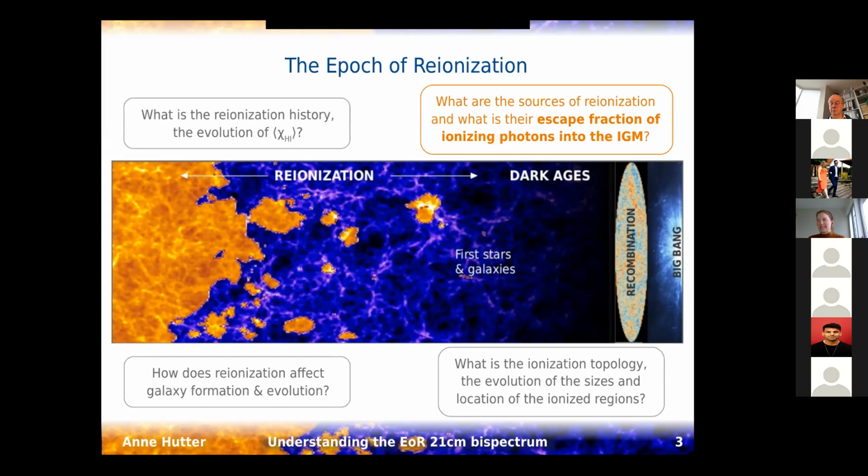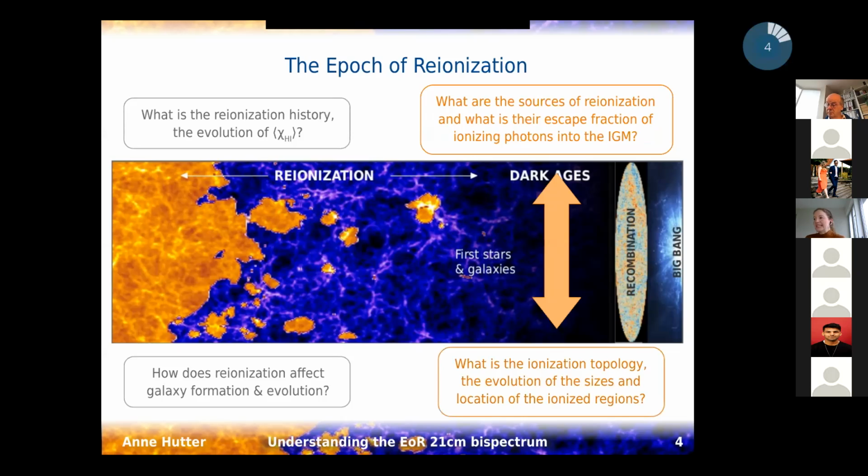So this is basically within the galaxies, stars produce a certain number of ionizing photons, but only a fraction of those can escape into the intergalactic medium and start ionizing the neutral hydrogen there. And as you can imagine, if this escape fraction varies across different galaxies, then this will very closely link to your ionization topology.